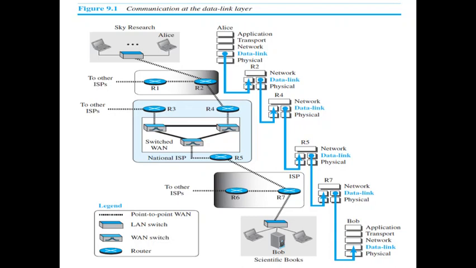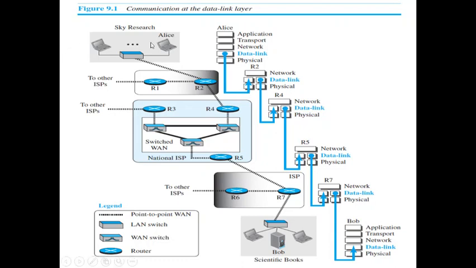In this diagram, we can see different networks, where I have Alice's system as the source and Bob's system as the receiver. If Alice is sending a message from her system to Bob's system, the data link layer will be logically connected to the data link layer of the next system.